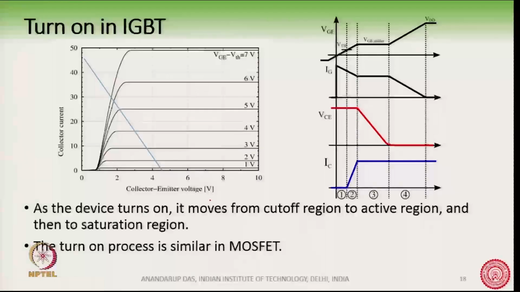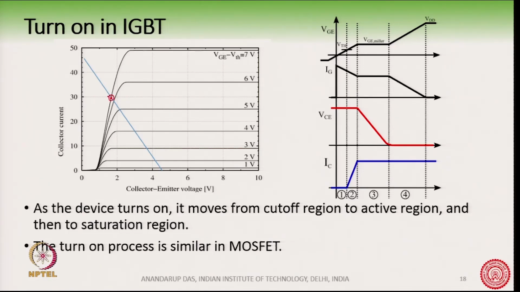So, if we see this IC versus VCE characteristics of the device, I can see that it has now moved from the cutoff region through the active region and has settled at the saturation region.